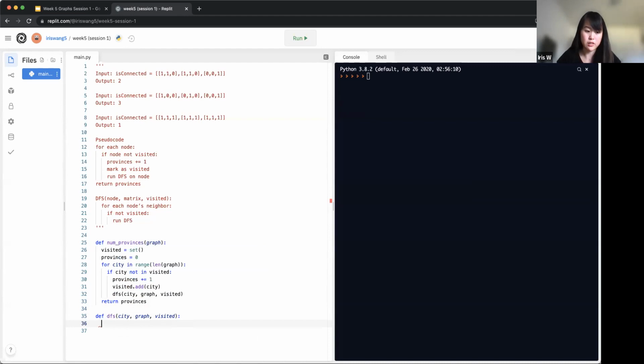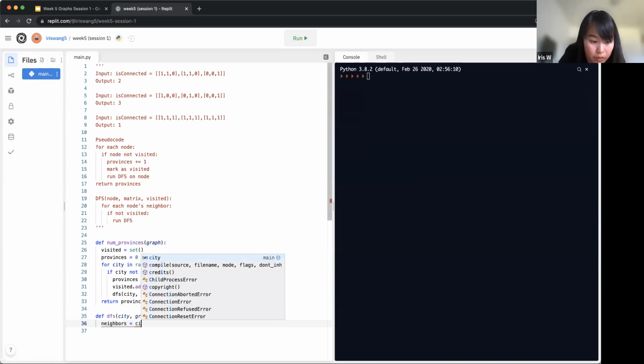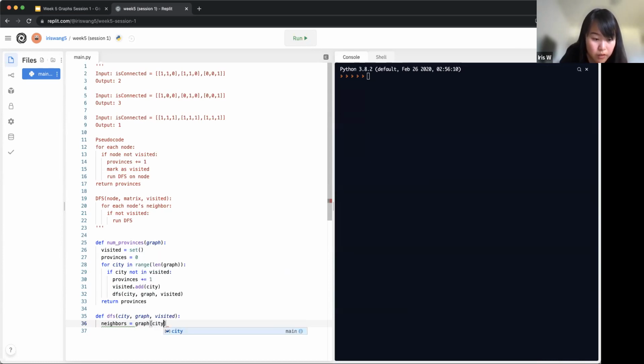Well, we're given an adjacency matrix, so we actually have to go through it, and because there is a list of all the possible cities, I want to filter out the cities that it's actually connected to. So I actually have to go through and grab the potential neighbors. And I will grab that. So it's actually the graph with the city.